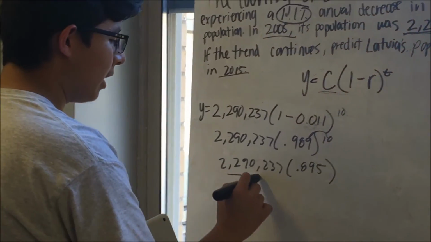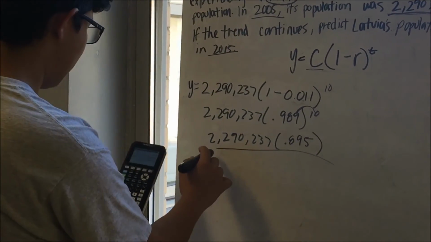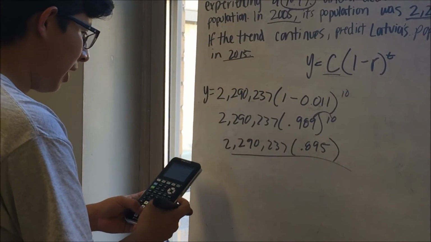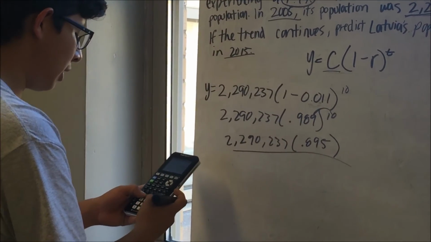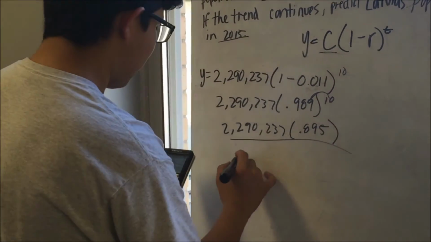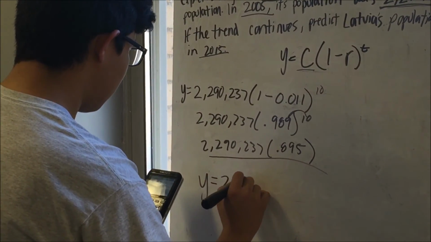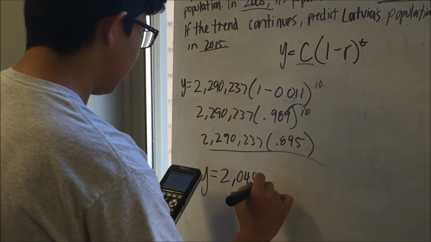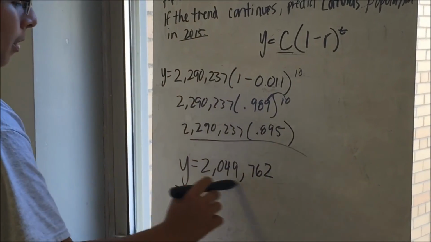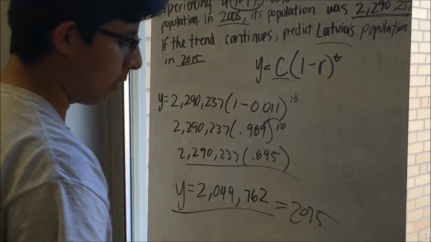Now we have to multiply 2,202,937 times 0.895, and the answer is going to be Y equals approximately 2,049,762. That's going to be the population of Latvia in 2015.